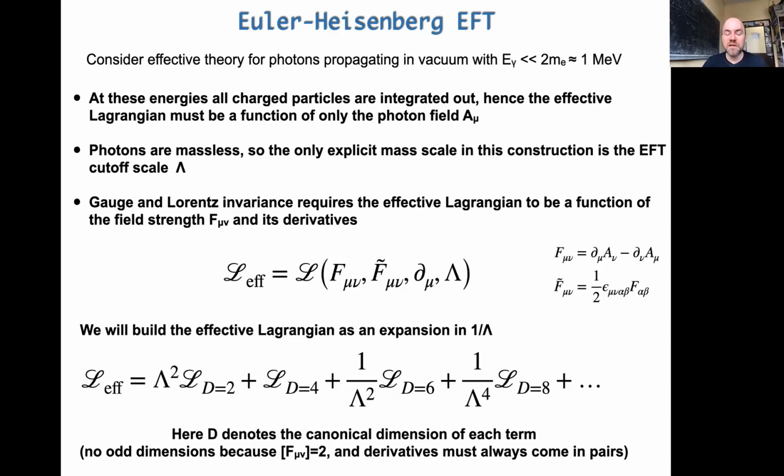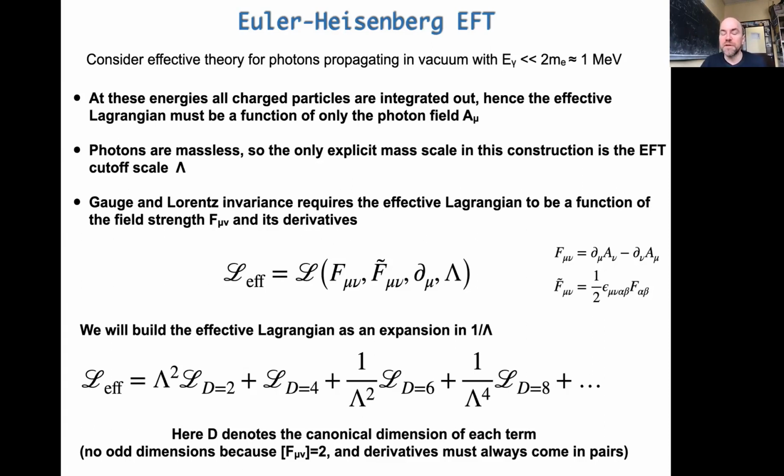That already simplifies our discussion, because odd powers of dimensions cannot appear in this Lagrangian, since F_mu nu has dimension 2. It has 1 photon field and 1 derivative, so together the dimension is 2.